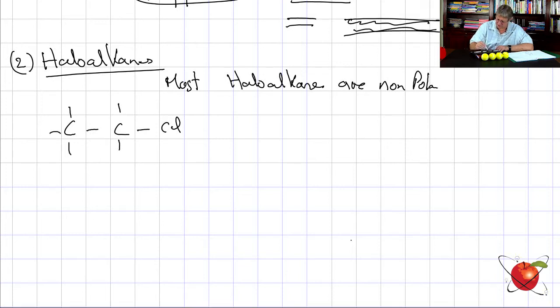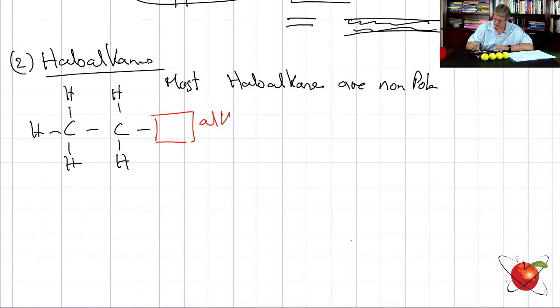I'm going to put in over here, all right, let me just complete. I'm going to put in over there, this is not an alkane, this is a halide. The difference, this is a halide.